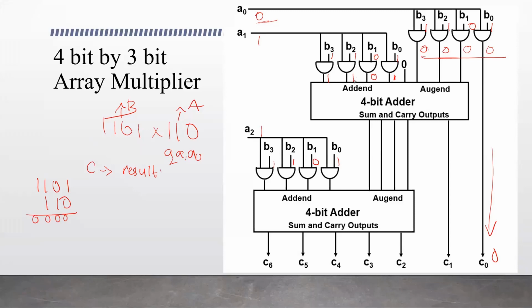Now this is added with these 3 bits, correct? These 3 bits are taken and added with these 3 bits. Here we get 1, 0, 1, 1, and we also have the result of these AND gates.